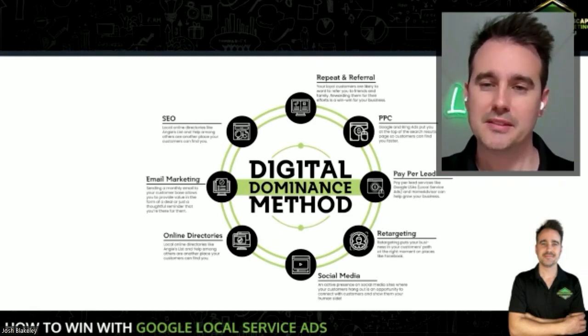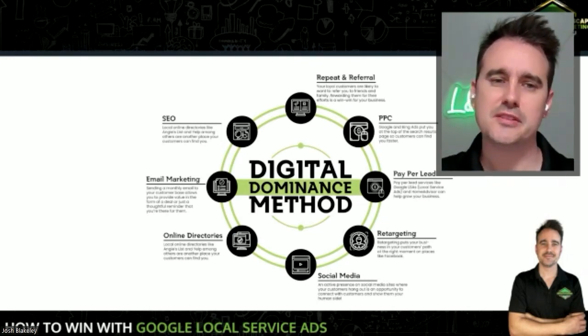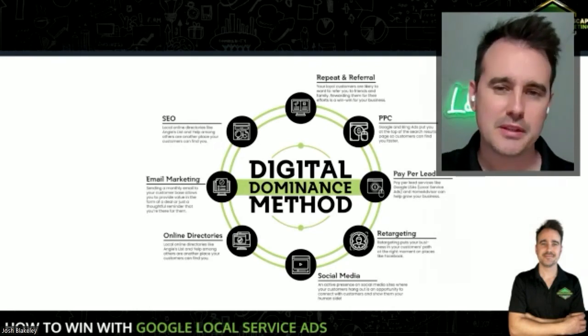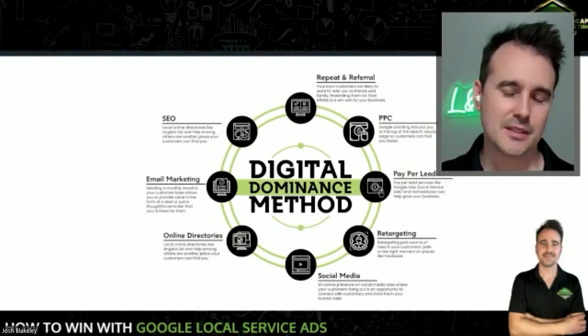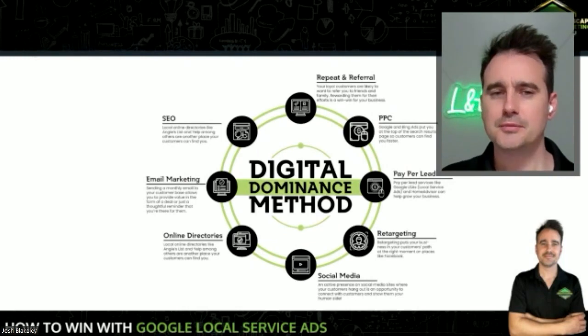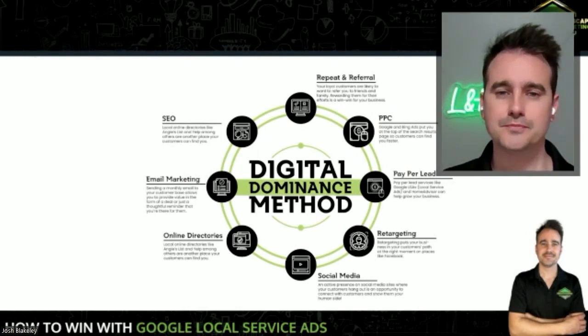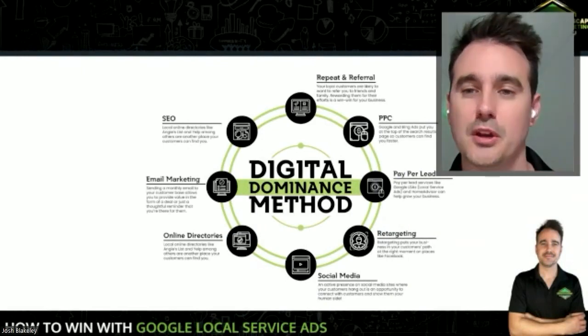Throughout this digital dominance method, you also have your other core strategies: SEO, repeat referrals, online directories, email marketing, social media, and retargeting. Retargeting is targeting people with ads after they've visited your online profiles or engaged with you. And when you've got all of this together, that is when we say you're dominating.